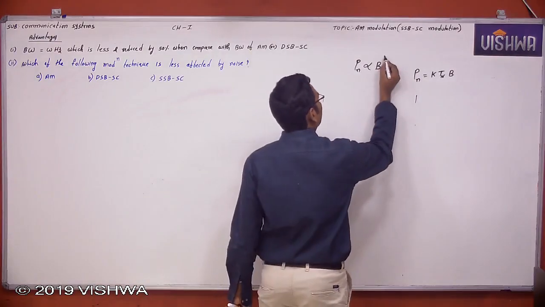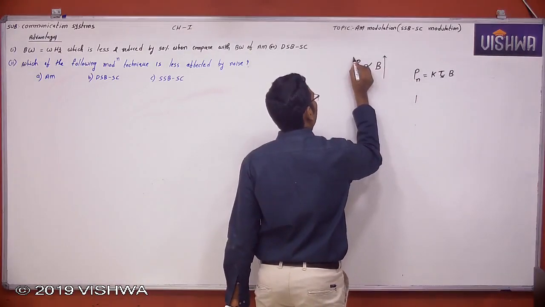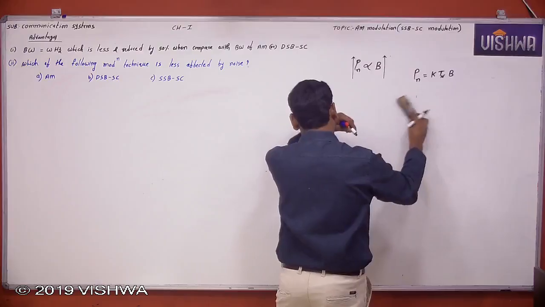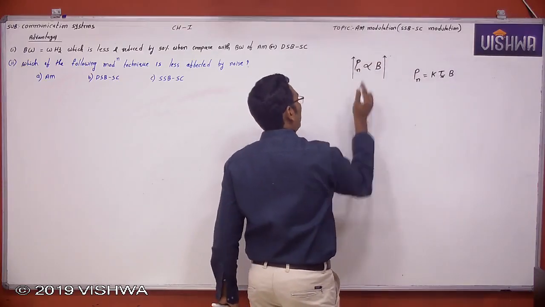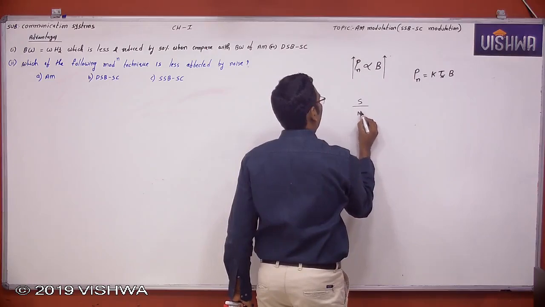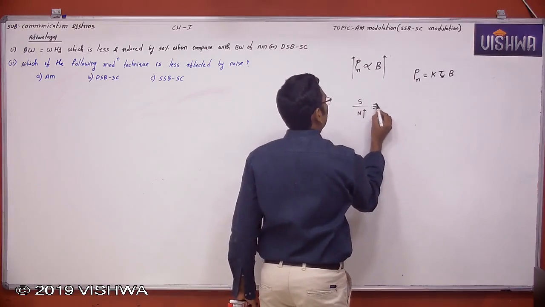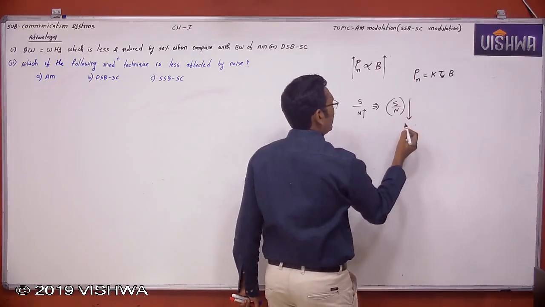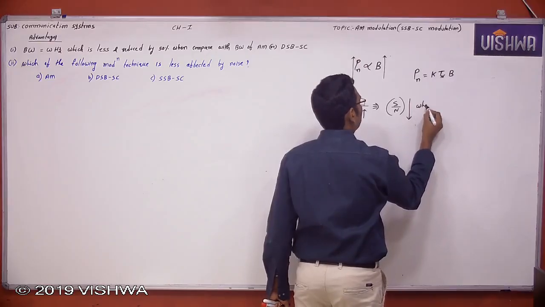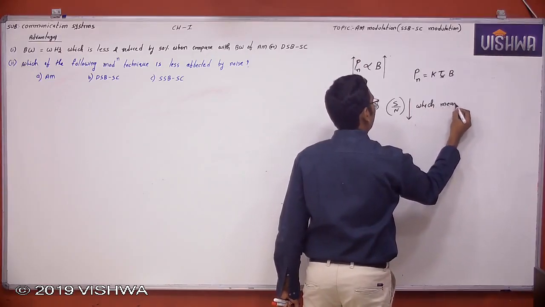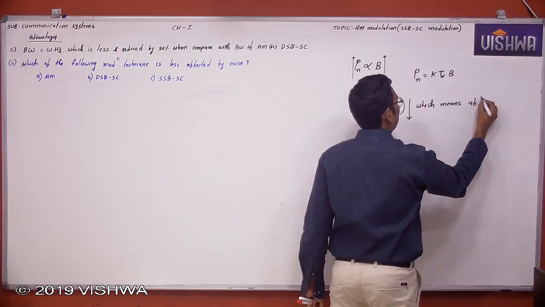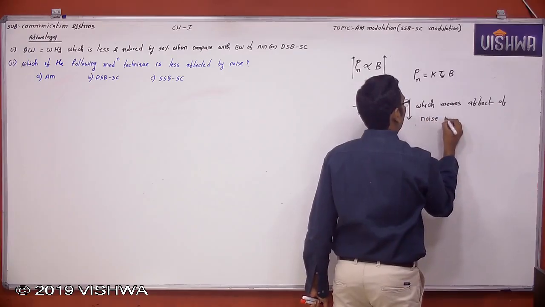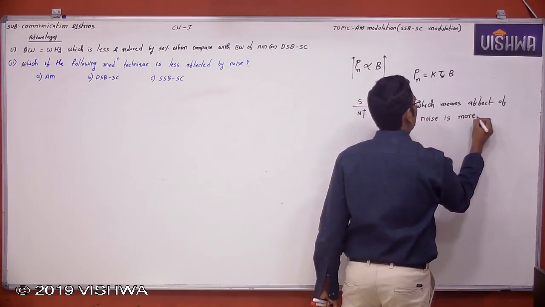As bandwidth increases, noise power increases; as bandwidth decreases, noise power decreases. As noise power increases, the signal to noise ratio decreases, which means the effect of noise is more.